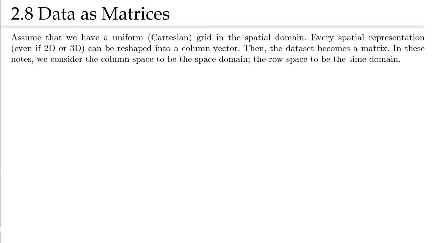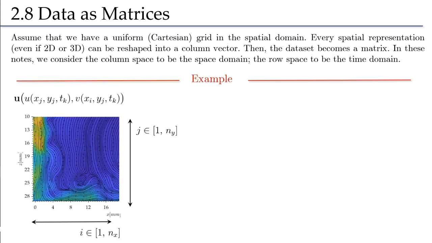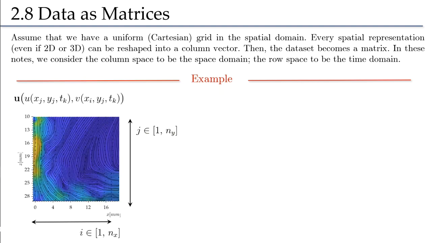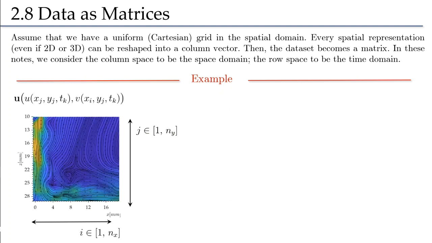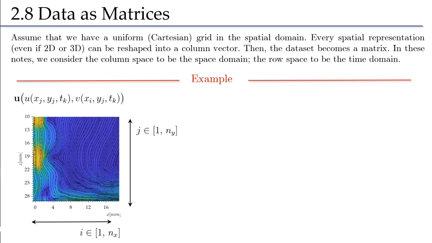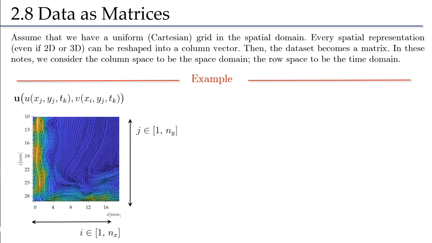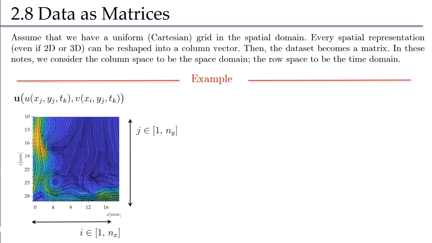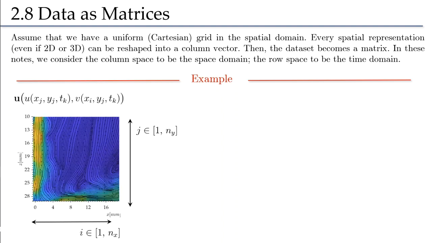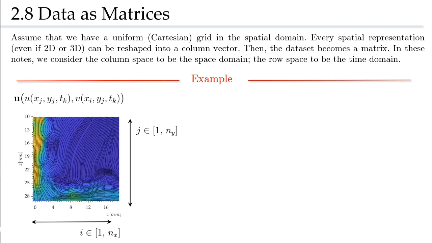So consider, for instance, a 2D velocity field produced by particle image velocimetry. This is the flow of a 2D impinging jet on a horizontal wall. And let's say that we have nx points along the horizontal axis and ny points along the vertical one.